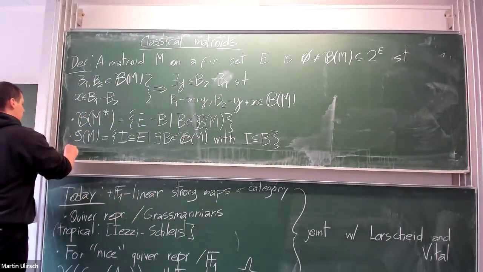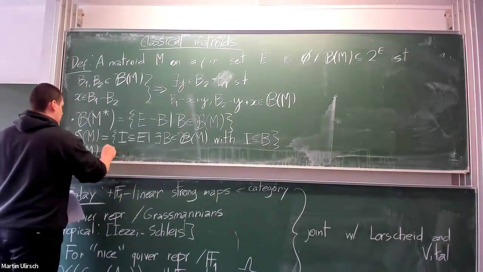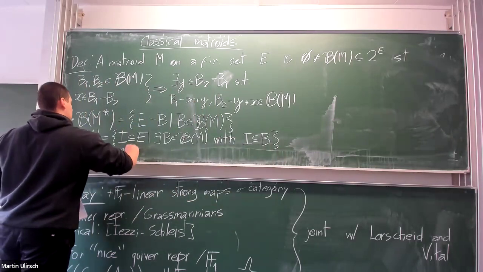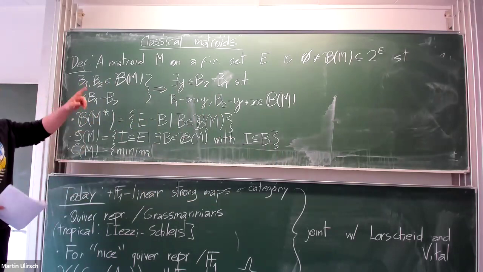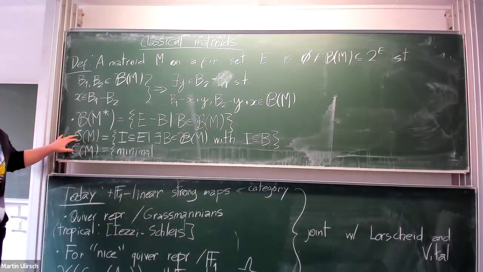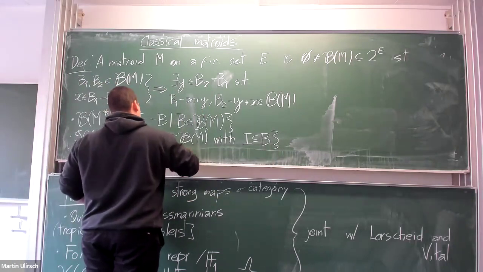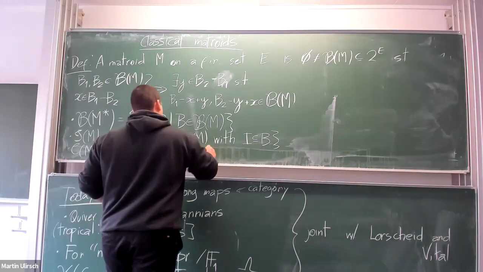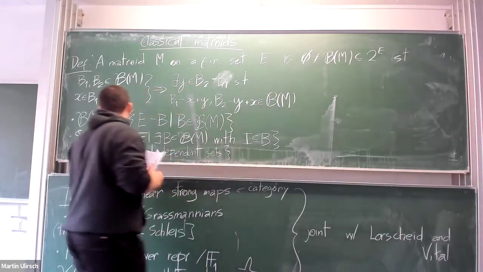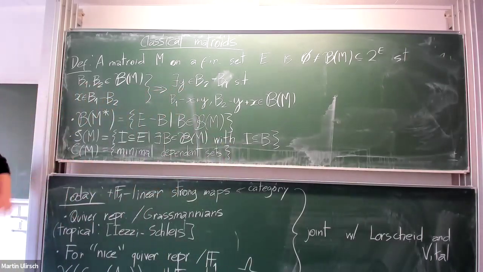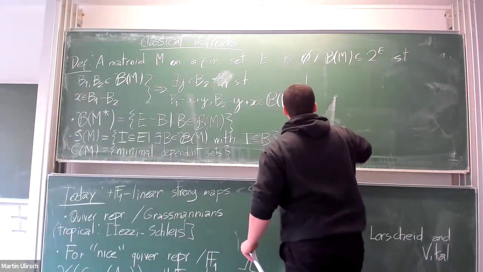And I want to present to you the circuits of the matroid. A subset that's not independent I will call dependent, and the minimal dependent sets I will call circuits of the matroid. And there is a nice fact here.